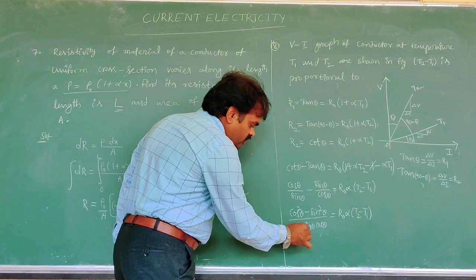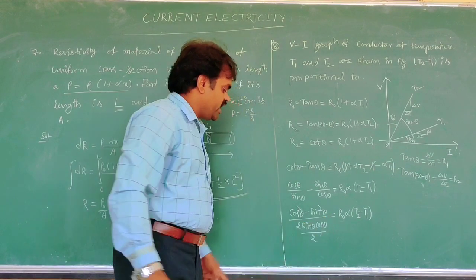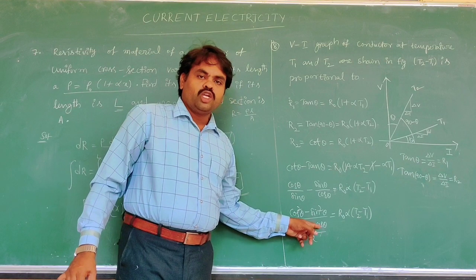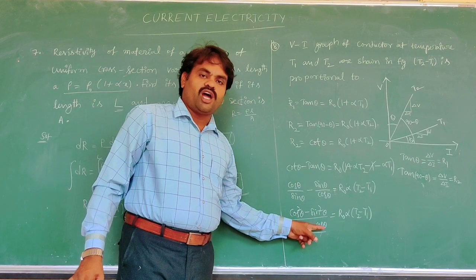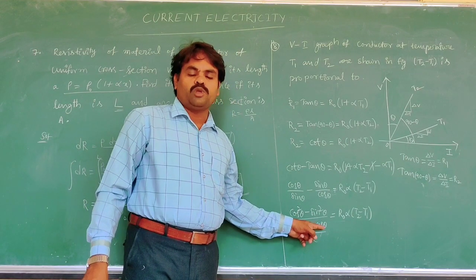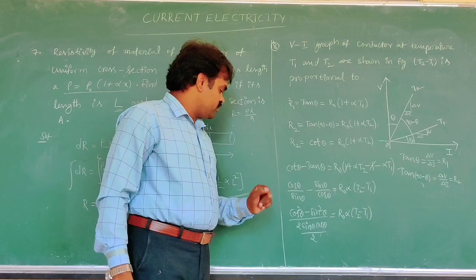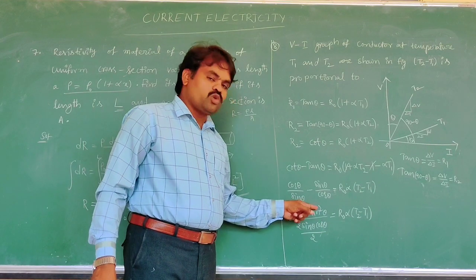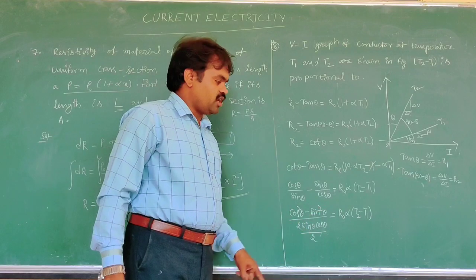Here we multiply and divide by 2, because we get the formula 2 sin theta cos theta is sin 2 theta, and cos square theta minus sin square theta is cos 2 theta.